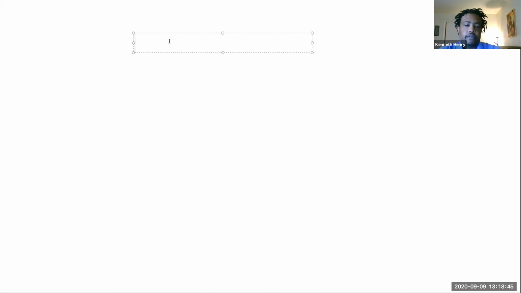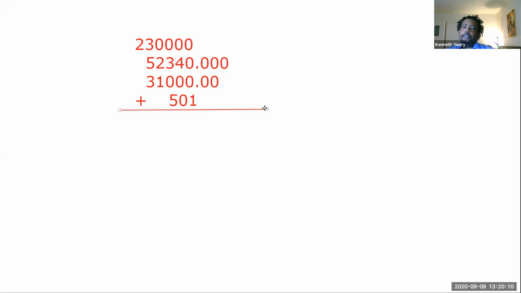Okay, so let's do addition and subtraction. So how would I go about doing this? You start drawing lines that distinguish where the significant numbers end versus the uncertain numbers. So the very first number, where does the significant number end and the uncertainty start?